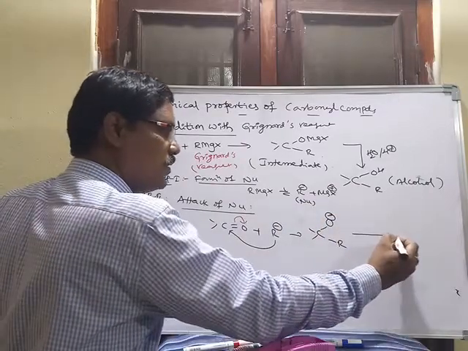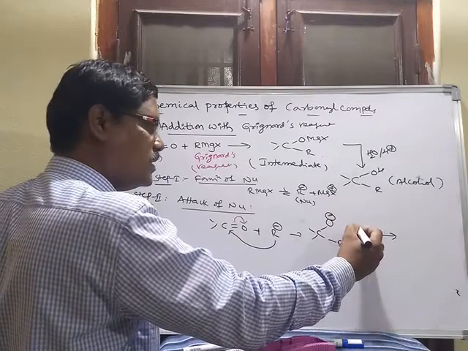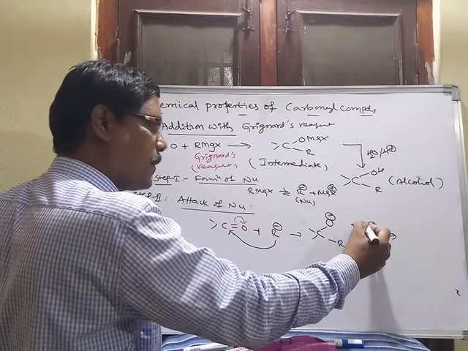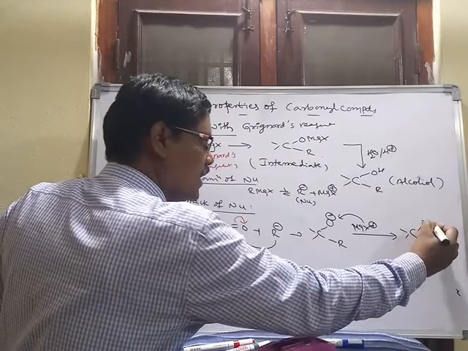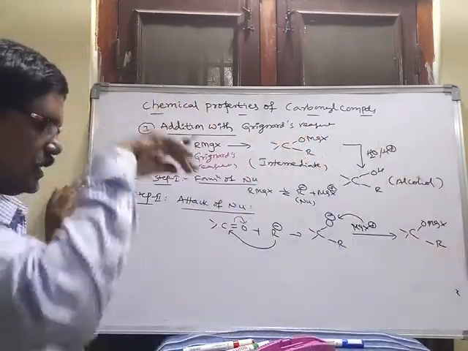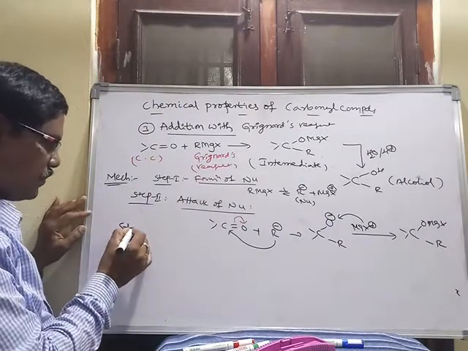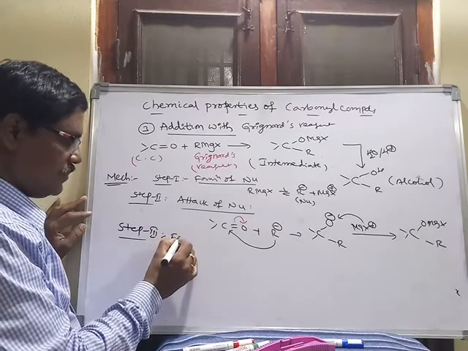Now this will add with MgX plus also. This one is added to this one. Then we obtain OMgX and R. This is the intermediate. Now step 3 is formation of product.